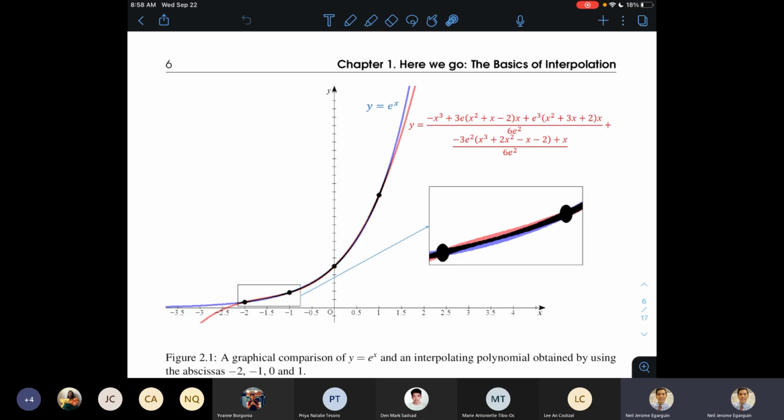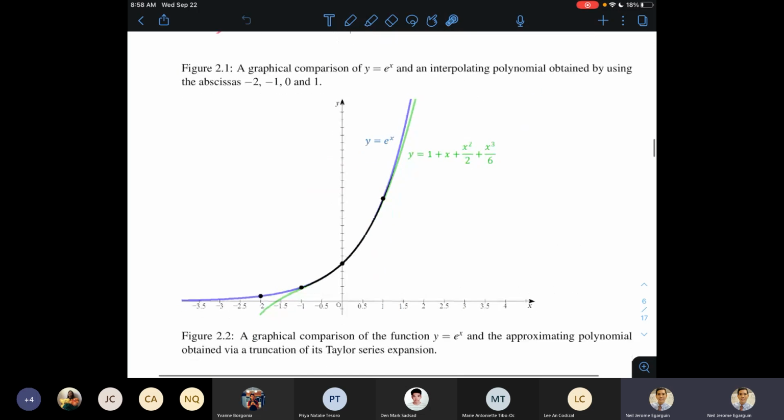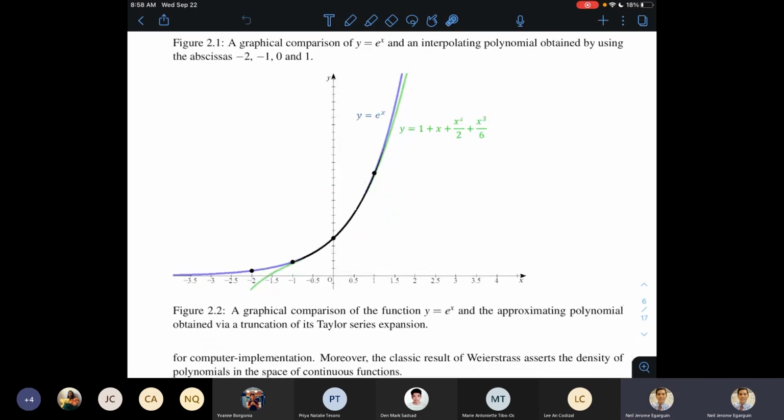All right. Now, in contrast with an approximating polynomial, which, as Jonathan suggested earlier, is a truncation of the Taylor series expansion. You see that there is a good interval over which maganda yung approximation or magkalapit yung exponential function and the truncation of the series expansion.